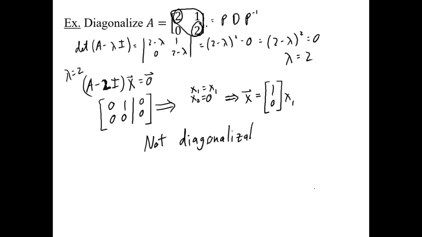Just again, quick reminder, in our diagonal matrix D here, the entries on the diagonal were the eigenvalues, and having the same number repeated twice is fine. But the columns of P were those eigenvectors. And in this case, we would need two different eigenvectors. We're not getting them, so that means this cannot be diagonalized.